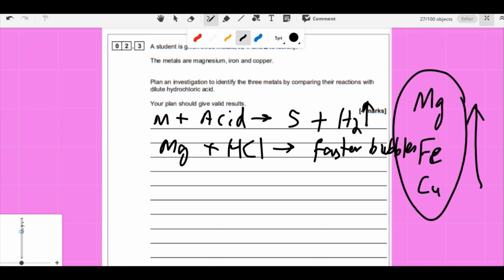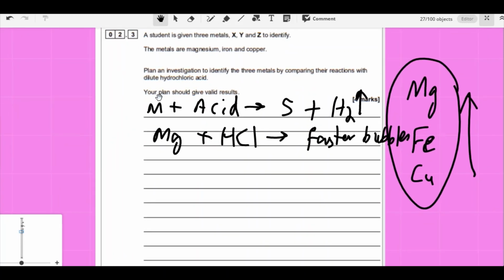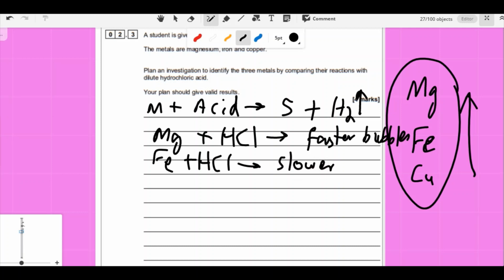Now the next one: let's suppose we compare magnesium and iron. We will see that iron, when it reacts with hydrochloric acid, produces slower bubbles as compared to magnesium.